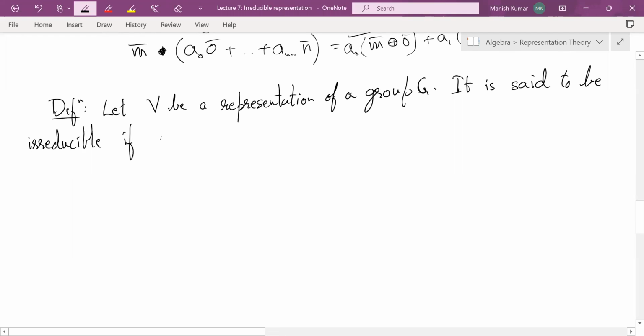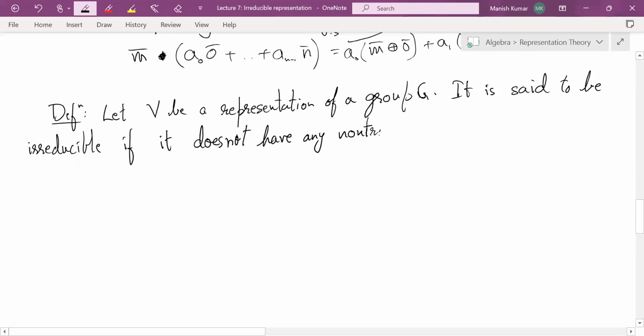it does not have any non-trivial sub-representation.